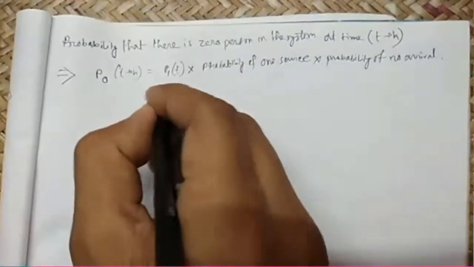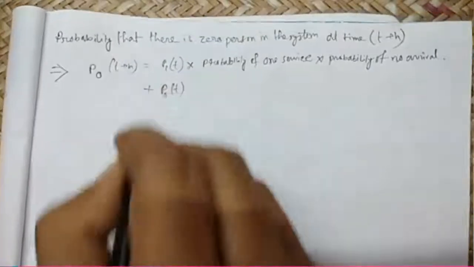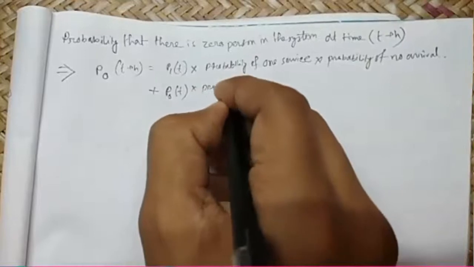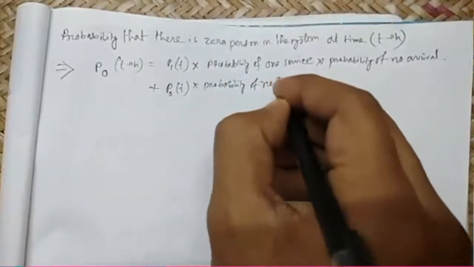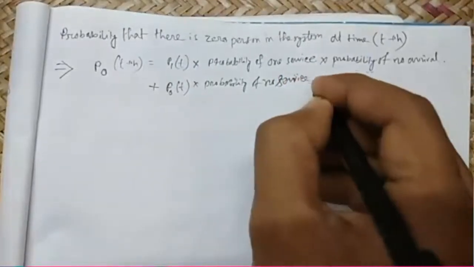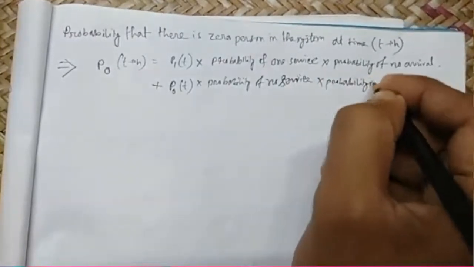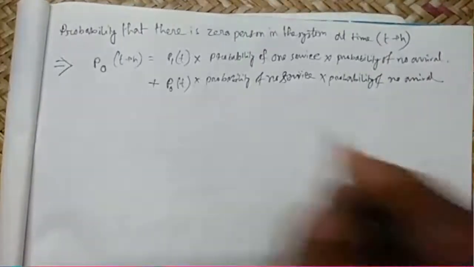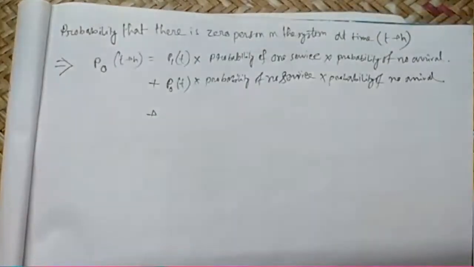Plus, what else may occur? That there was 0 persons in the system, into the probability of no service into the probability of no arrival. What else may occur?